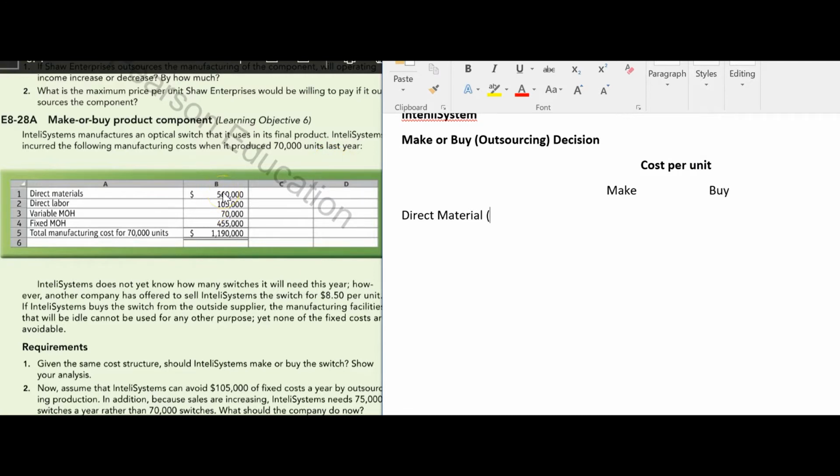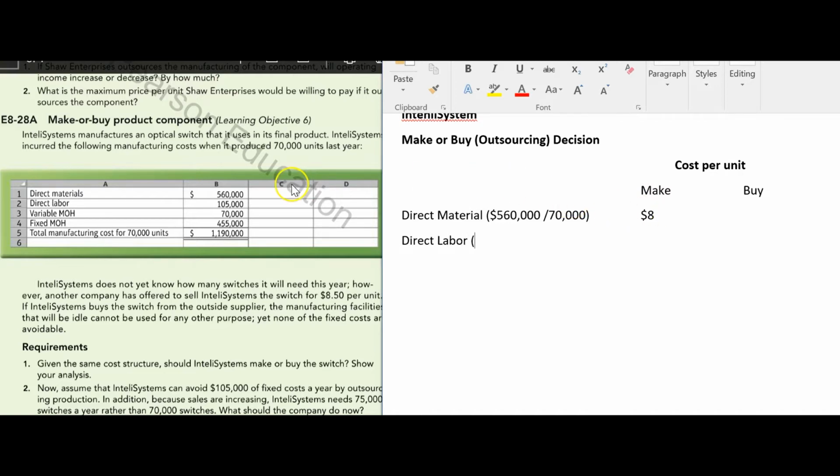If they make it, the direct material cost would be how much? Total cost is 560,000, and then you have to divide it by the number of units they produced last year, which is 70,000. If you divide it, I think you will get $8. So their direct material cost, if they make it, will be $8. Now, what would be their direct labor cost?